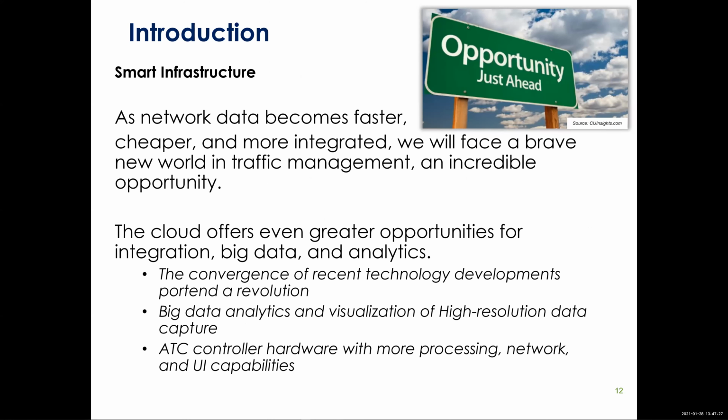So as all this data starts coming in, we're just seeing it become so much cheaper and easier to get that we just really have a huge opportunity to work with it. And if we can work with it, we're going to make traffic move so much more efficiently.